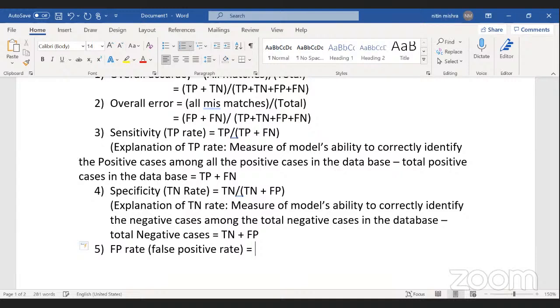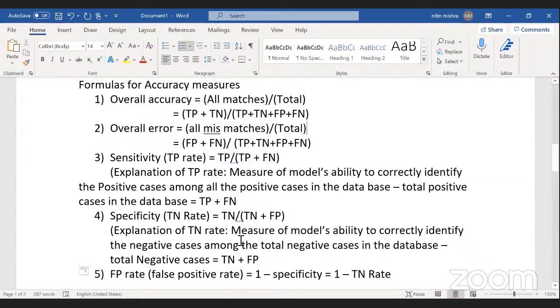Also called 1 minus specificity, also called the FP rate. And the formula is pretty straightforward. If you're going to do 1 minus specificity.